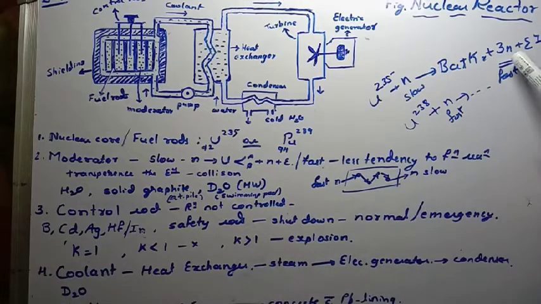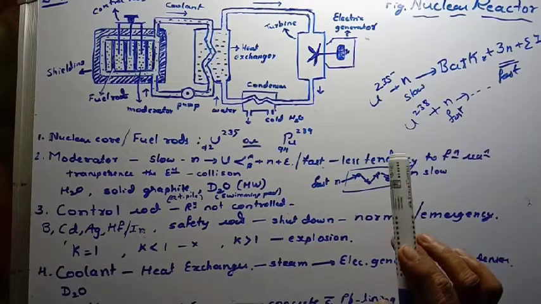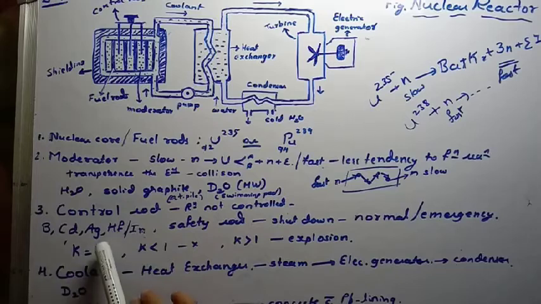That means three neutrons are liberated in each fission, and out of the three only one is needed to continue the reaction, to maintain K equal to 1. Two more are to be removed, which means they are absorbed by these control rods.